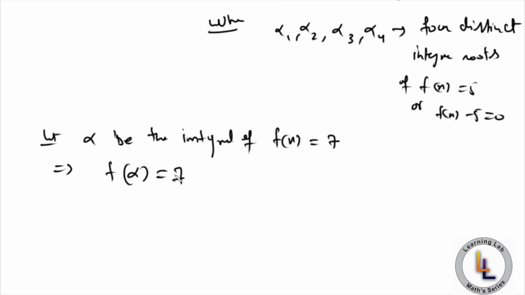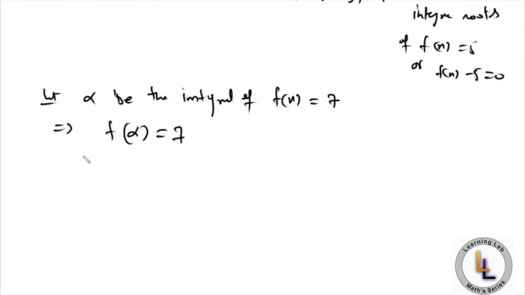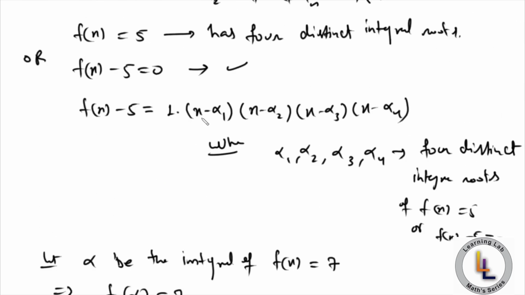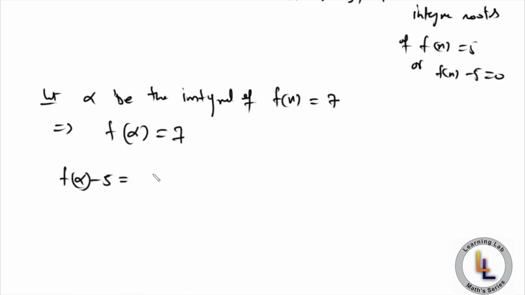Now if we substitute x = alpha in this equation, we will get f(alpha) - 5 = (alpha - alpha 1)(alpha - alpha 2)(alpha - alpha 3)(alpha - alpha 4).